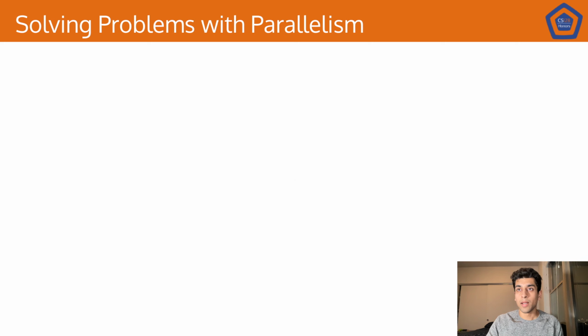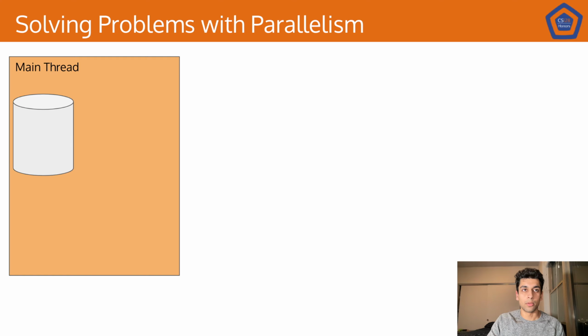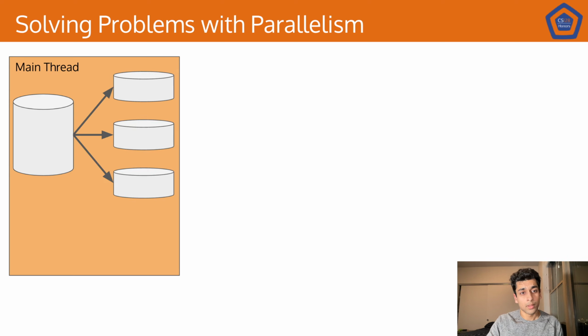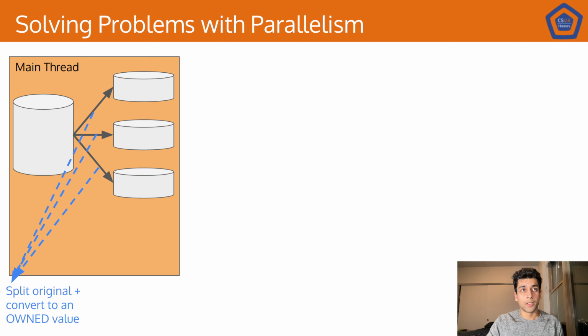Okay. And then we talked about how we solve problems with parallelism. So you have this main thread that potentially has a large piece of data, and we want to split that piece of data up into smaller sized chunks. So we're going to split this original data into an owned value.